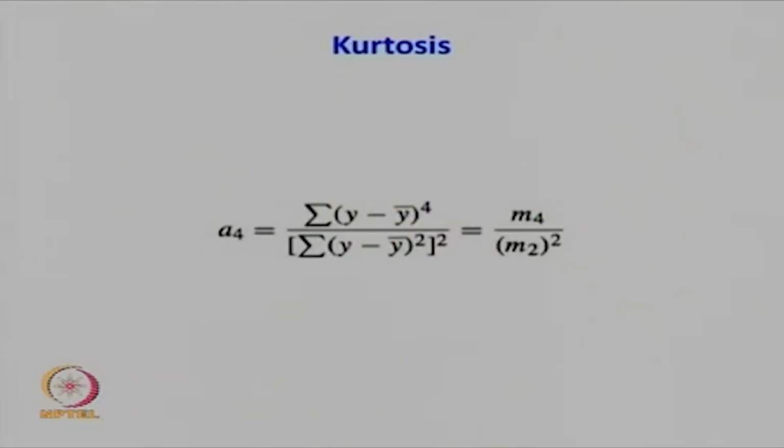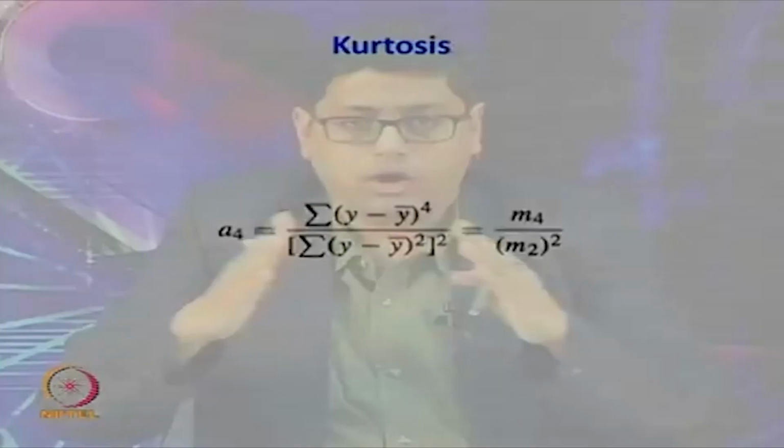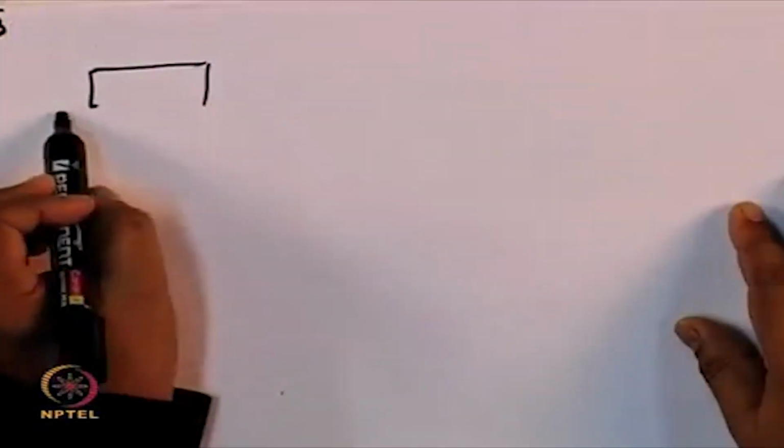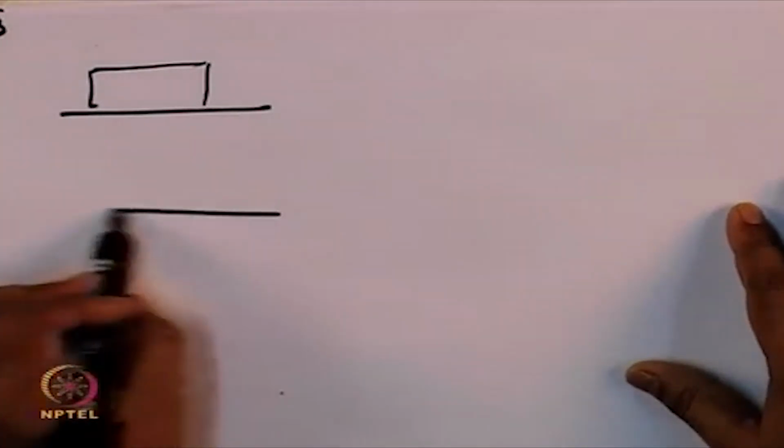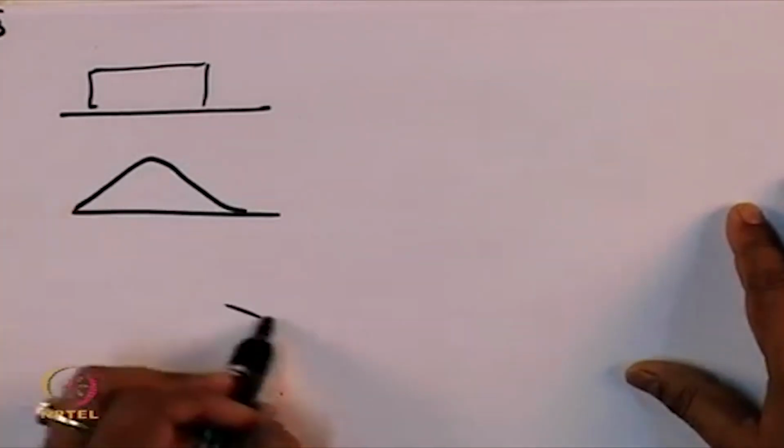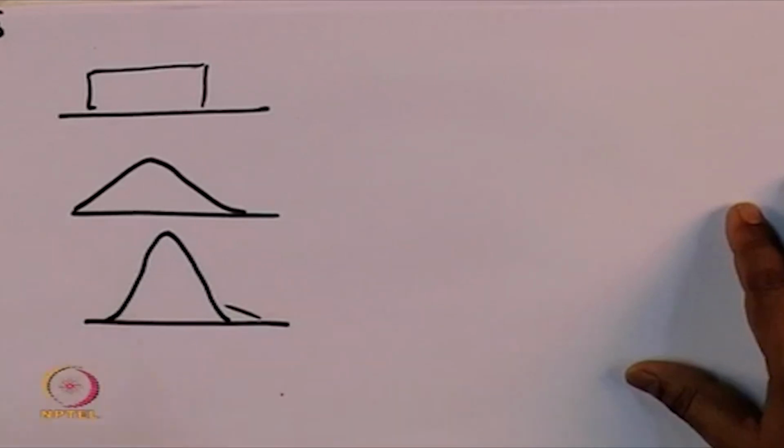There is another metric of characterizing a distribution which we call kurtosis. Kurtosis is a way of measuring the peakedness of a curve, or how flat or how sharp the curve is. I can have two curves, let us say this is one situation, this is another situation, this is another situation.